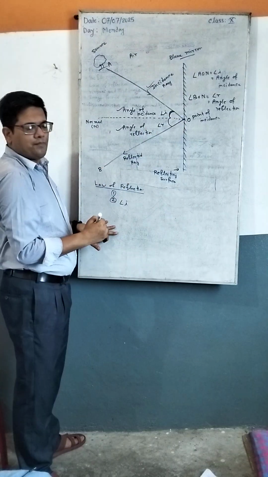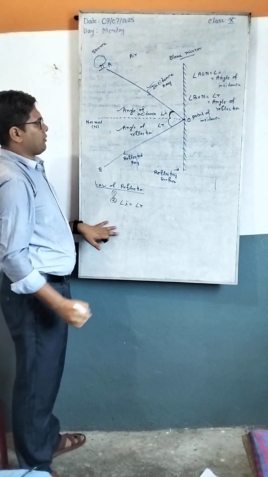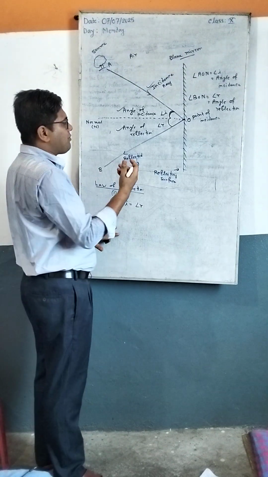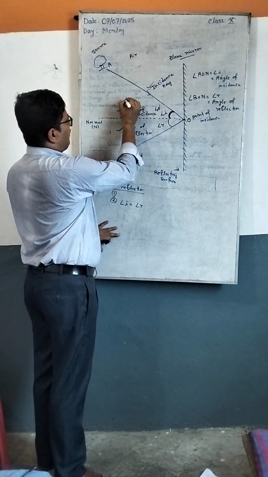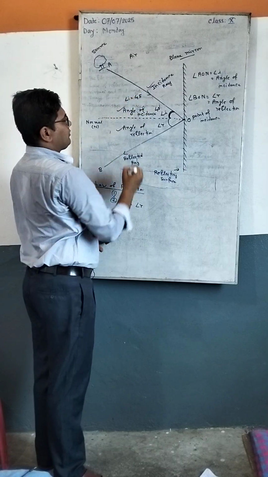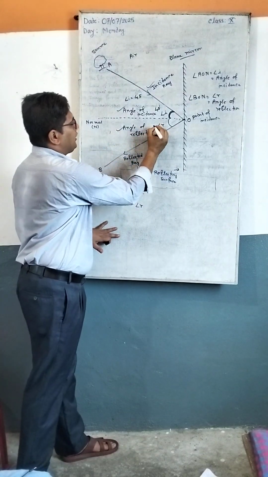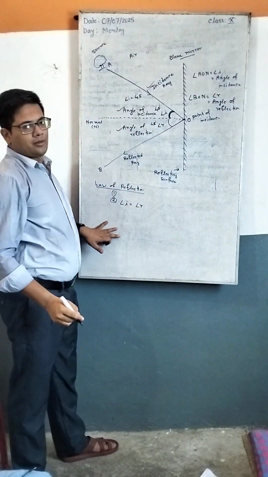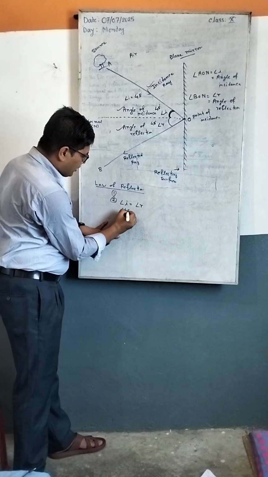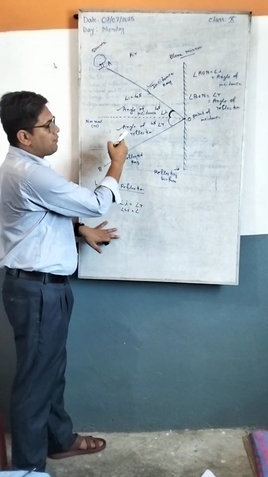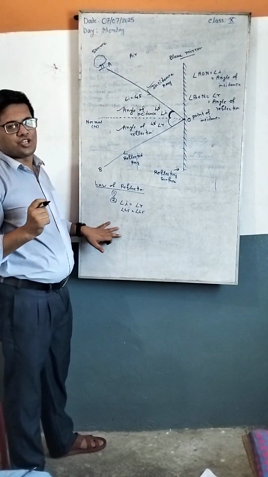Angle of incidence is equal to angle of reflection. Suppose the angle of incidence is 45 degrees. According to the rule, the angle of reflection is also 45 degrees. Obviously, it is 45 degrees. It is the law of reflection.